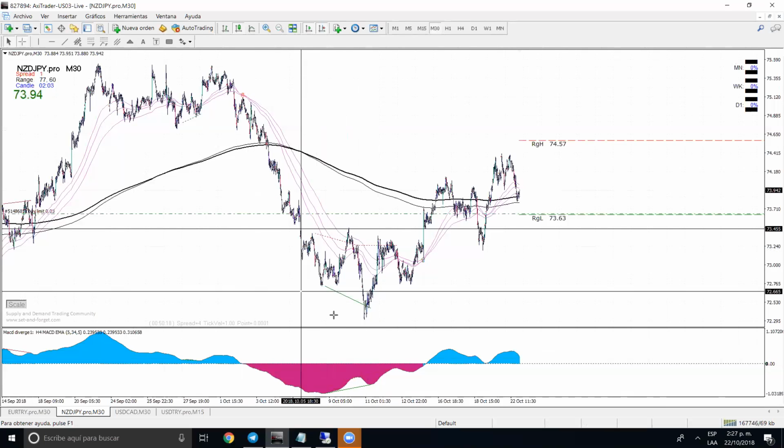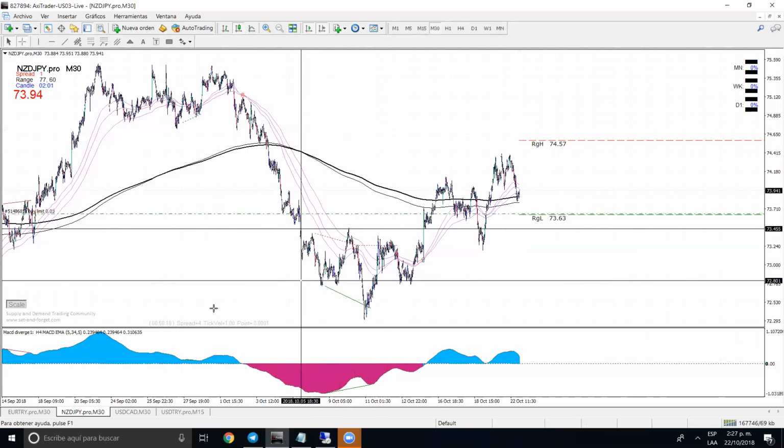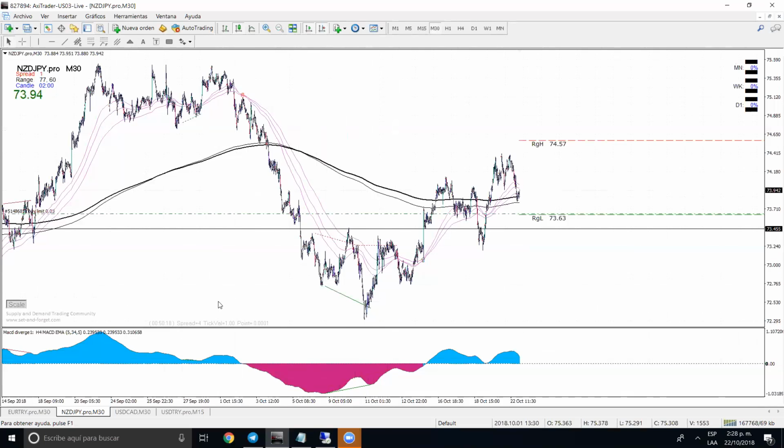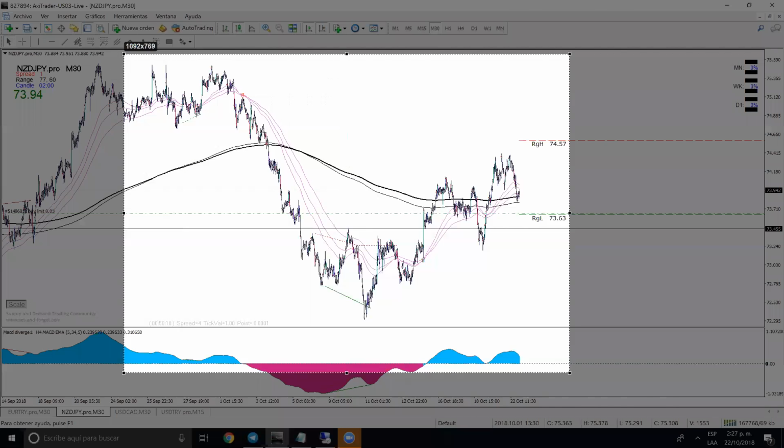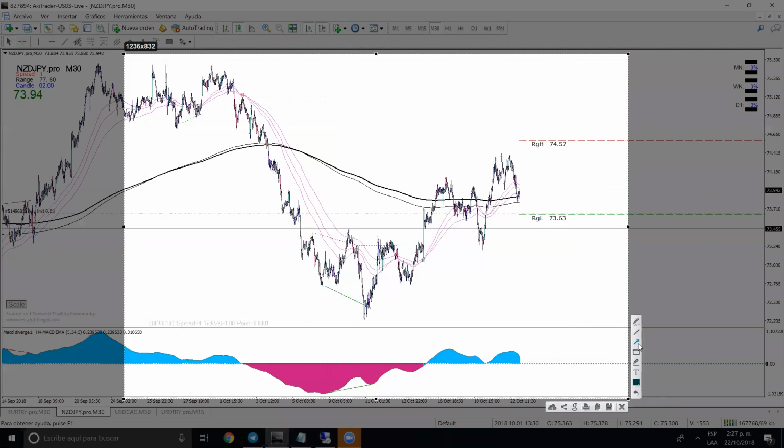This is the real end of the trend. So this is the real end of the trend trades, okay?